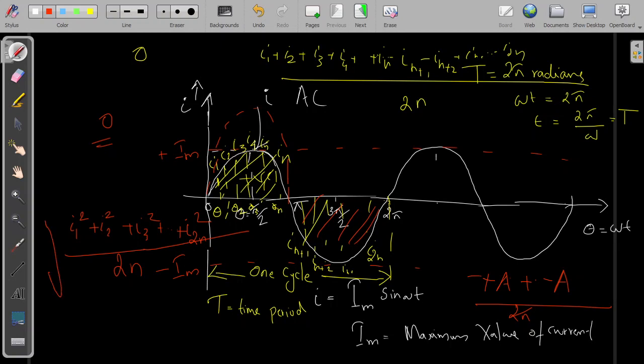This is what I mean by RMS value, that is root mean square value.